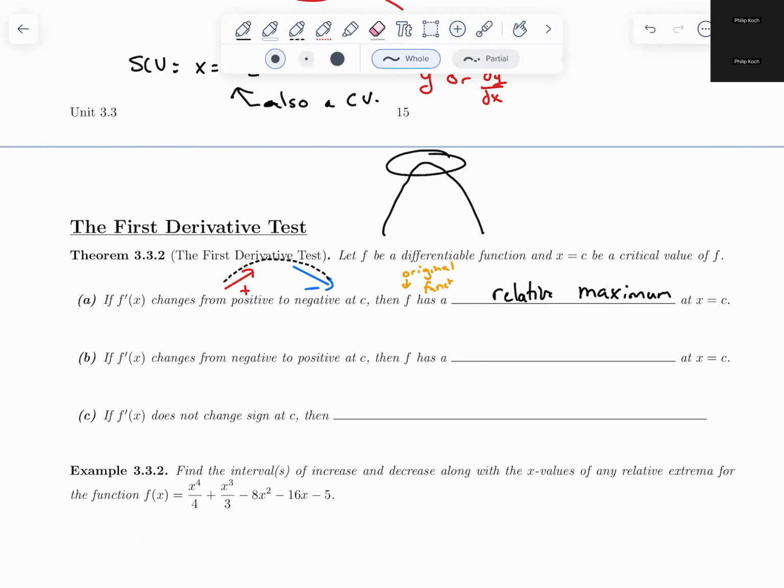And the same thing is true for, similar but different, if f prime changes from negative, going downhill, to positive, going uphill, what do you notice? You got a relative min.